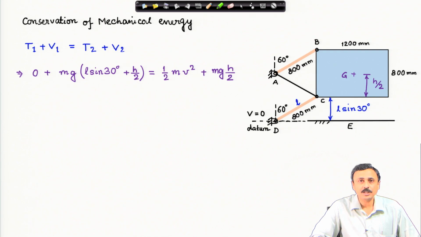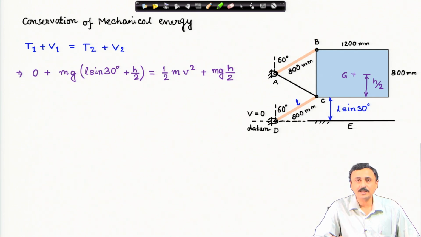Therefore, this is the initial potential energy just after the string breaks, and that must be equal to the total mechanical energy just before it hits the ground. It has a velocity v, therefore the kinetic energy of the plate is half m v square. Now, notice that this plate is in curvilinear translation; there is no rotation of the plate, because the mechanism is such, it is a parallelogram mechanism.